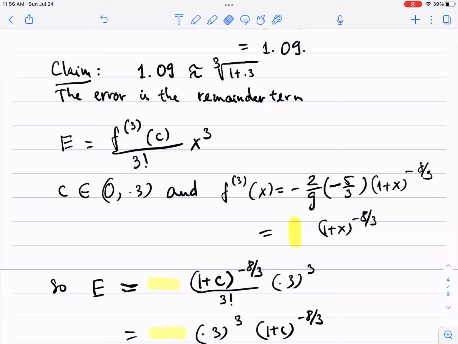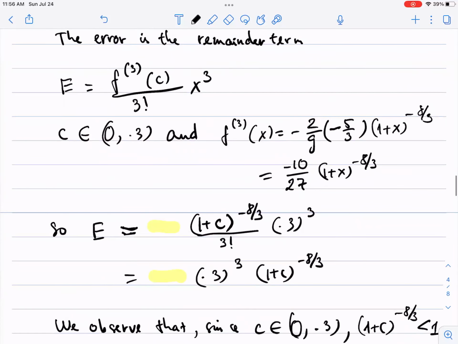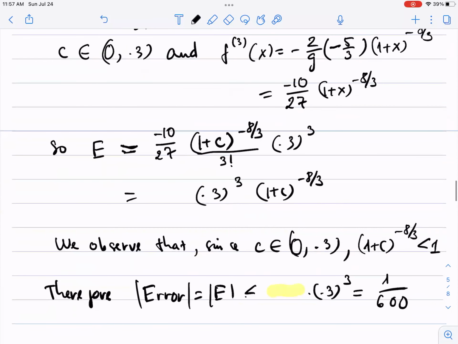So this is equal to 10 divided by 27. So the error term here is 10 divided by 27 multiplied by (1 plus c) to the minus 8/3, divided by 3 factorial, times 0.3 to the 3.